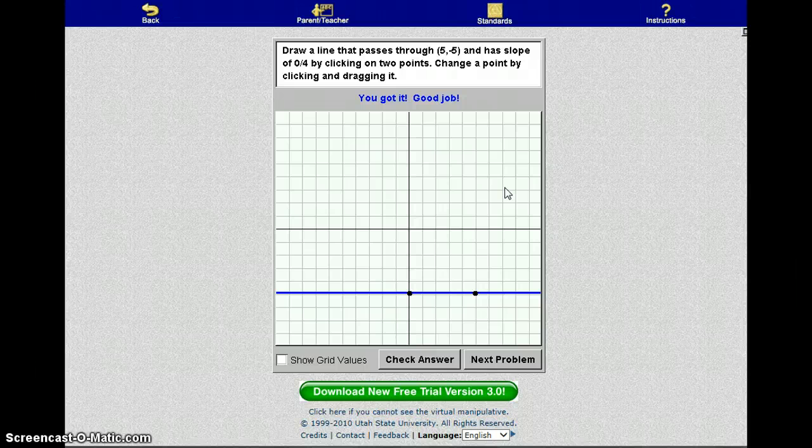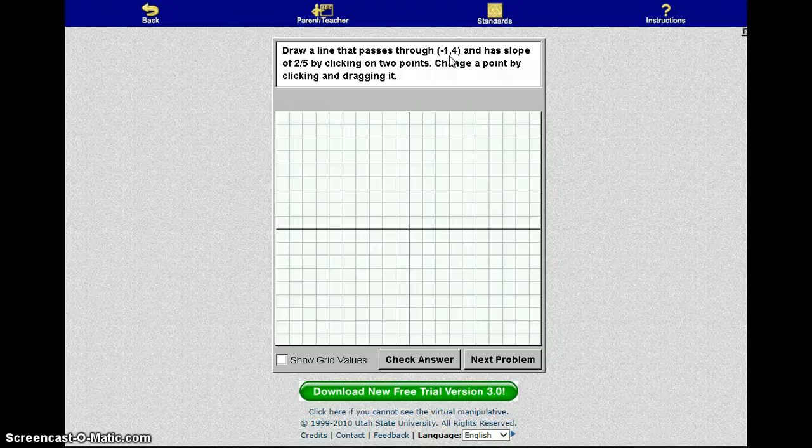So I am going to go in here and hit next problem, and see what the conditions are. Draw a line that passes through the point -1, 4 and has a slope of 2/5 by clicking on 2 points.